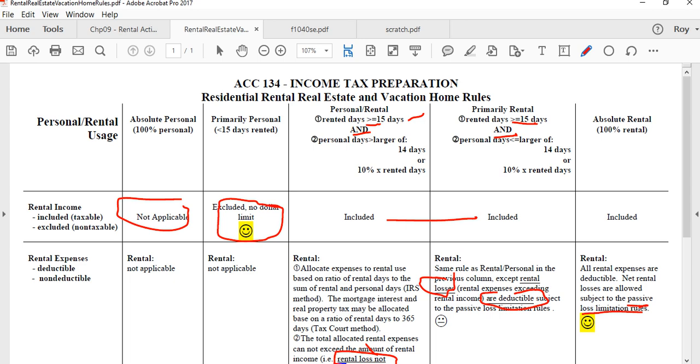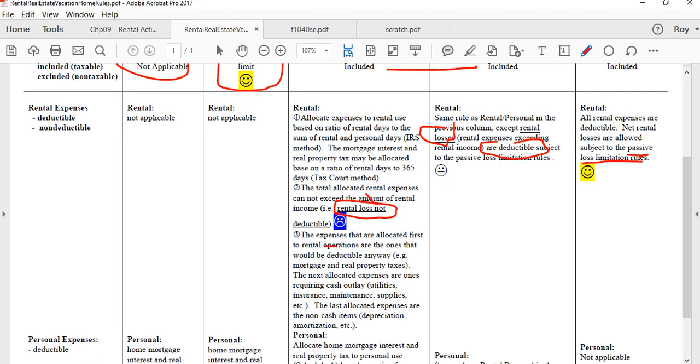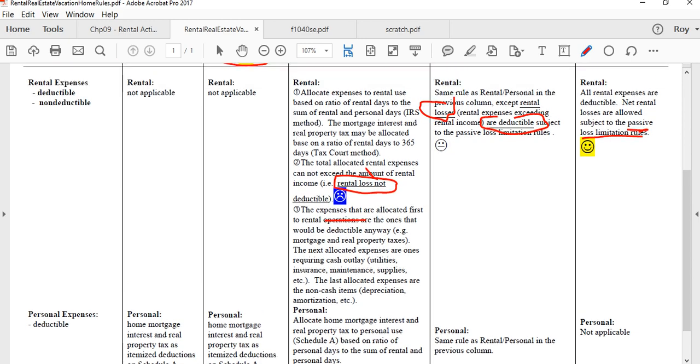The 30 days of personal use is larger than either 14 or 10% of 90, which is 9 days. And of the 14 and the 9, you take the larger, which is 14. And then the personal days of 30 is greater than 14, right? So you meet this test. You still have to allocate the rental expenses between personal and rental. Remember, that's probably 75% for rental. But you cannot deduct a loss.